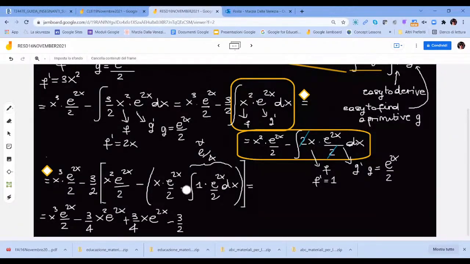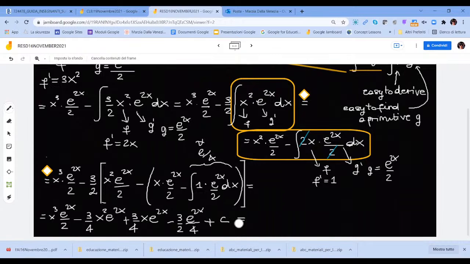Minus times minus is plus. That means that if we put minus 3/2 multiplying, it is multiplied by something that is plus. So it remains minus 3/2 e to the 2x divided by 4. Then we can put the constant c that is a global constant deriving from every computation that we made.